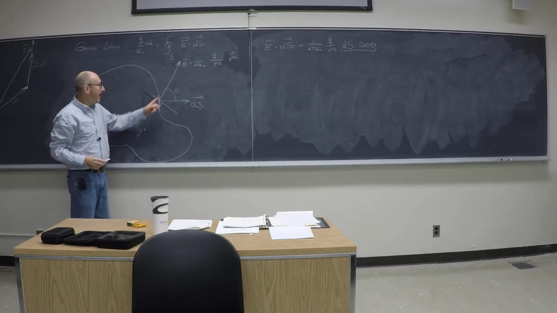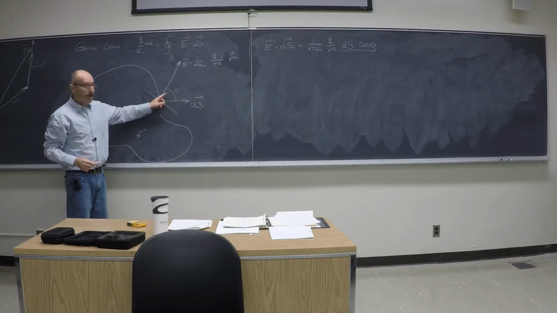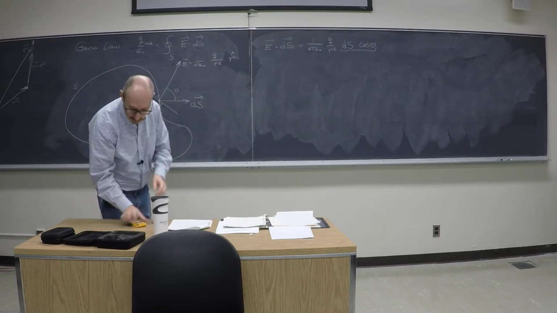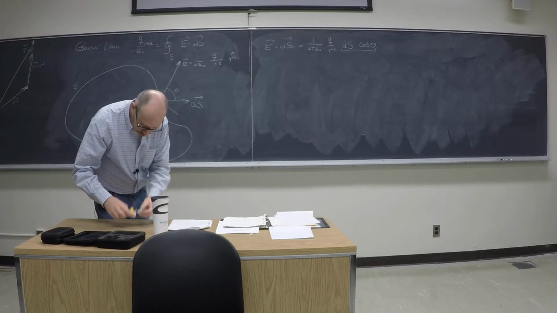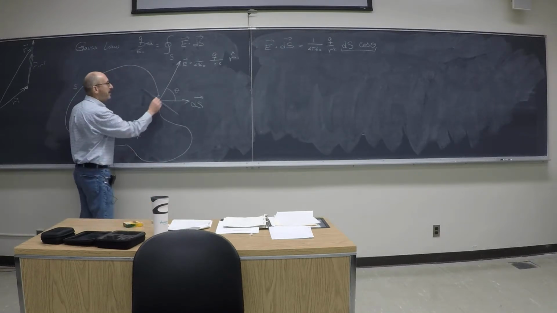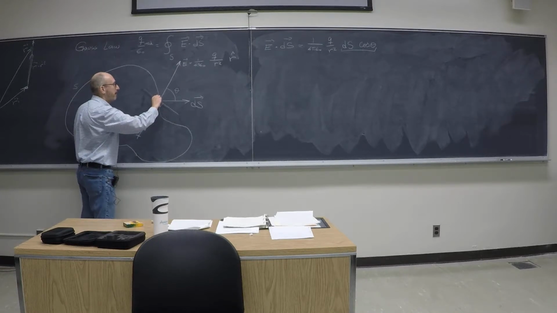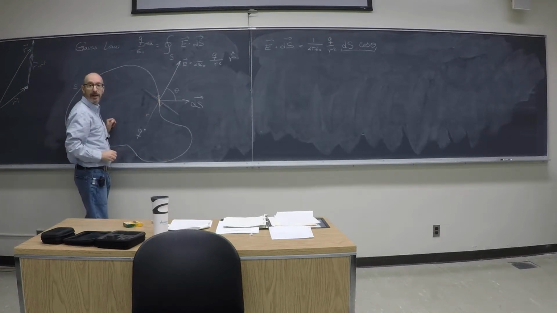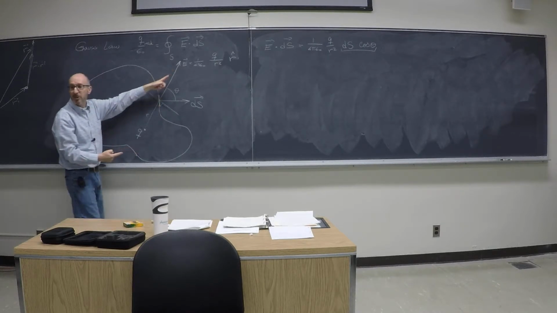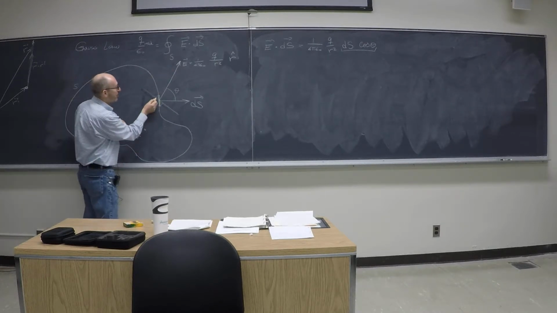If the angle is 0, then this construction, let me see if I can make it a little bit more clear, because that's the central part of the argument. The original area was this one. And now I'm drawing these lines that are parallel to the direction of the electric field to produce this new area here.